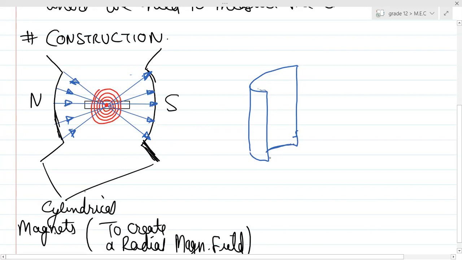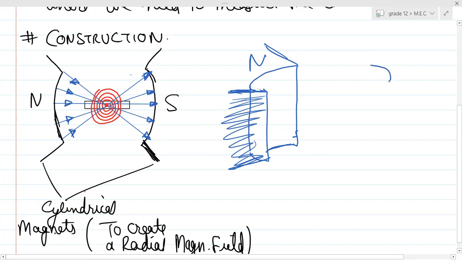Basically you won't be able to see this particular part. This is the north pole, and similarly there will be a south pole.